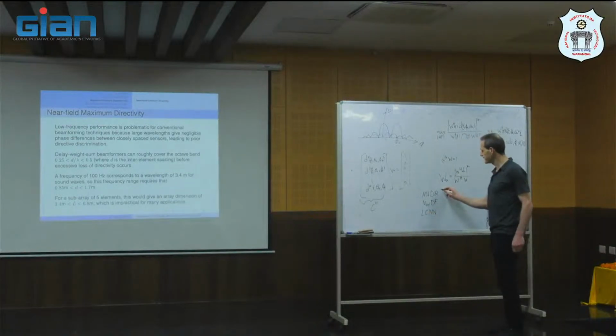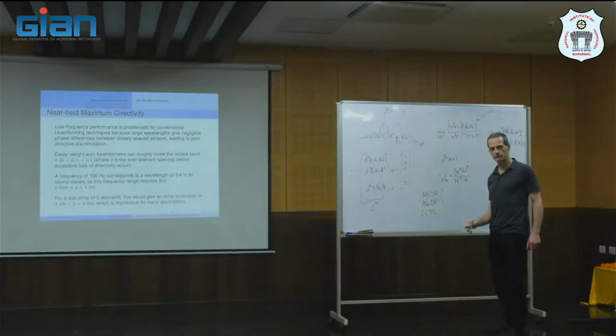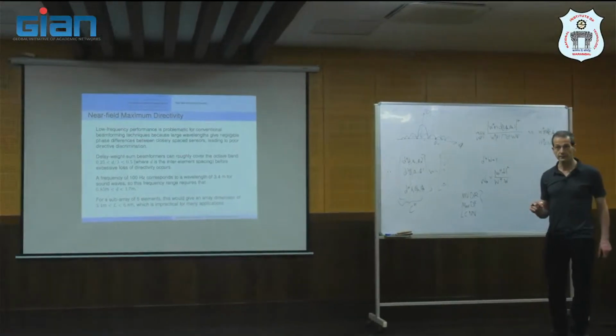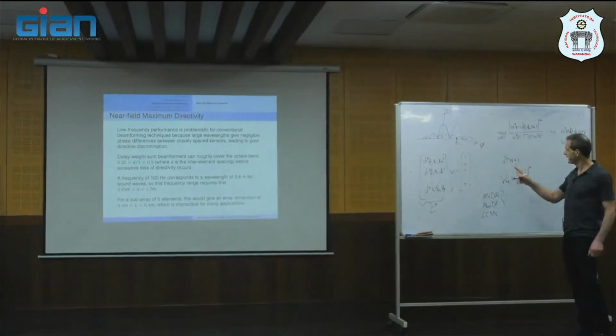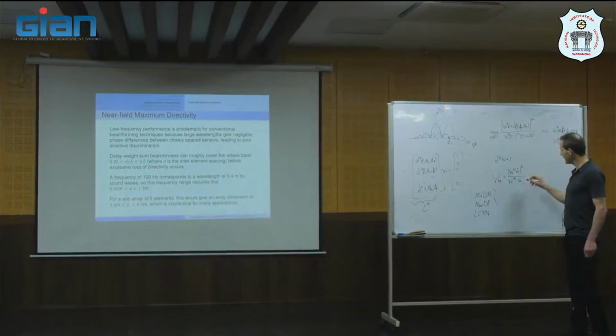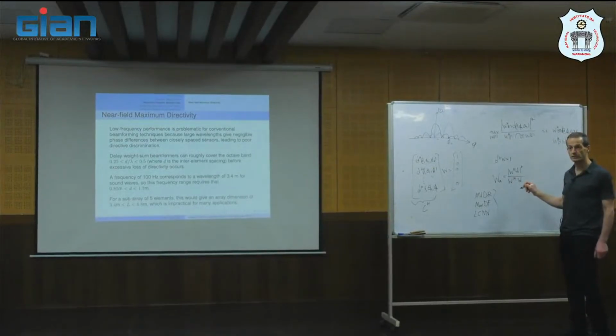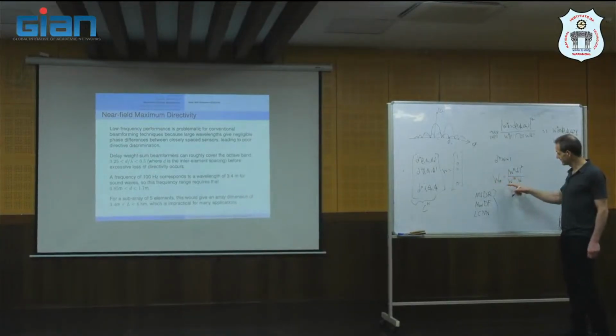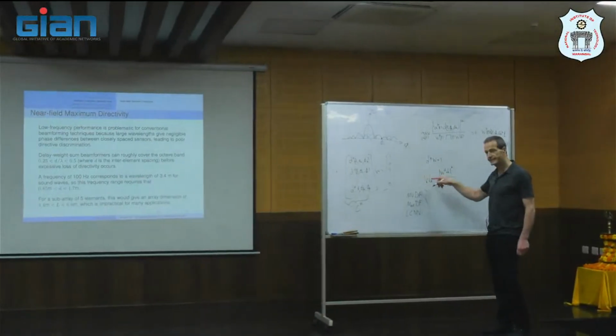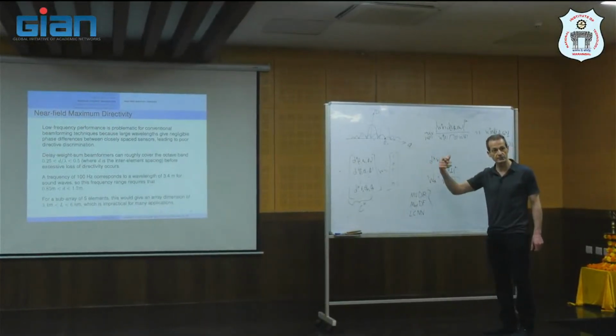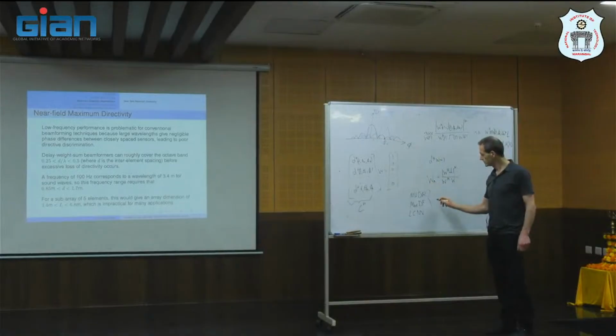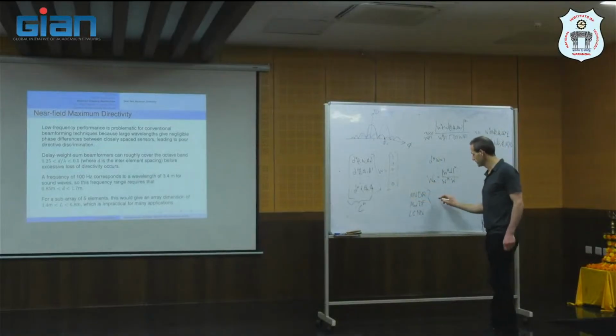And for all this, and actually we have more beamformers, we can add an additional constraint that the white noise gain will be higher than a certain threshold. If we add the constraint that the white noise gain will be higher than a certain threshold, all of these will be robust.